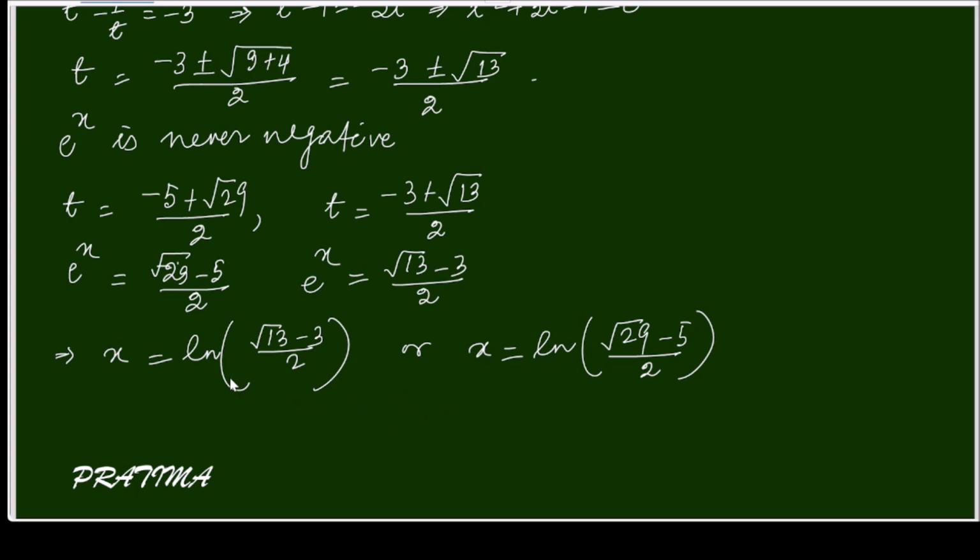If you take the logarithm of these values, it is negative, because all the values are less than 1, so we get a negative ln value. So for x, there are 2 solutions, both negative.